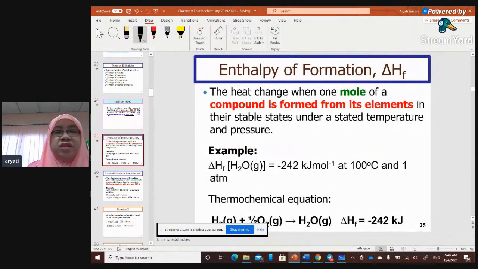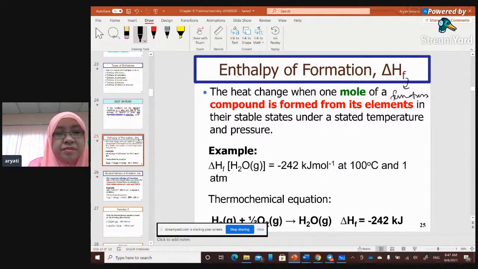Okay, first we will learn what is the enthalpy of formation, symbol delta HF. F is for formation. The heat change when 1 mole of a compound is formed from its elements in their stable state under the stated temperature and pressure. An example, delta HF for H2O.